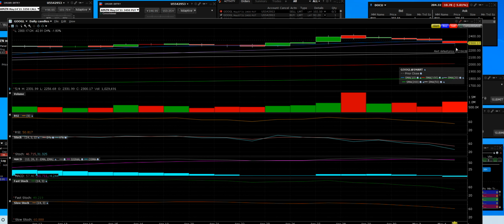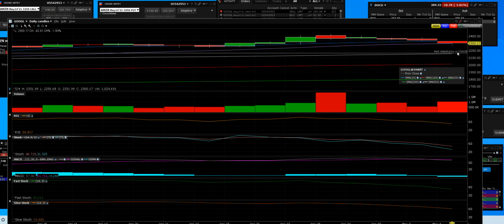And you can't say that the trend reverses totally until you get back above this previous day's high. You would have to come back up to this. That's why we have the call side of the marketplace.